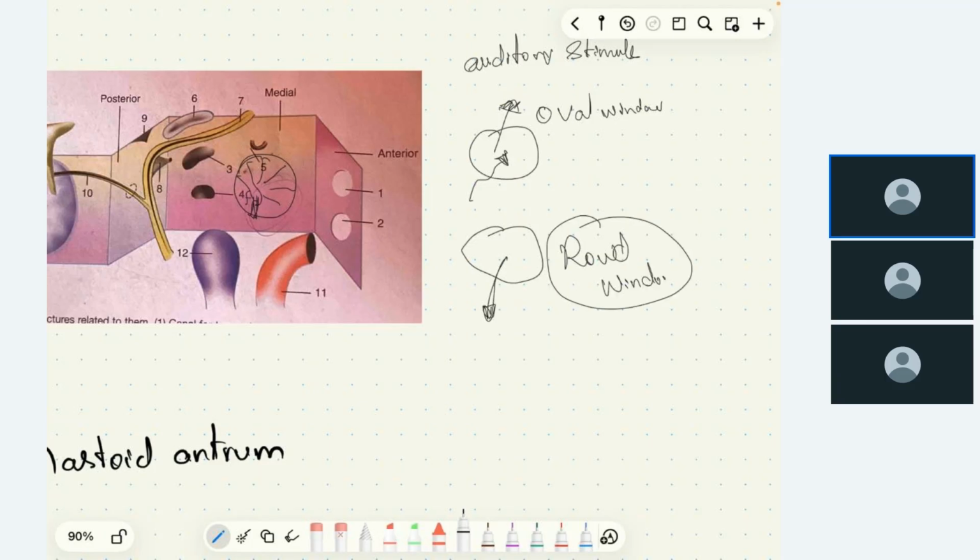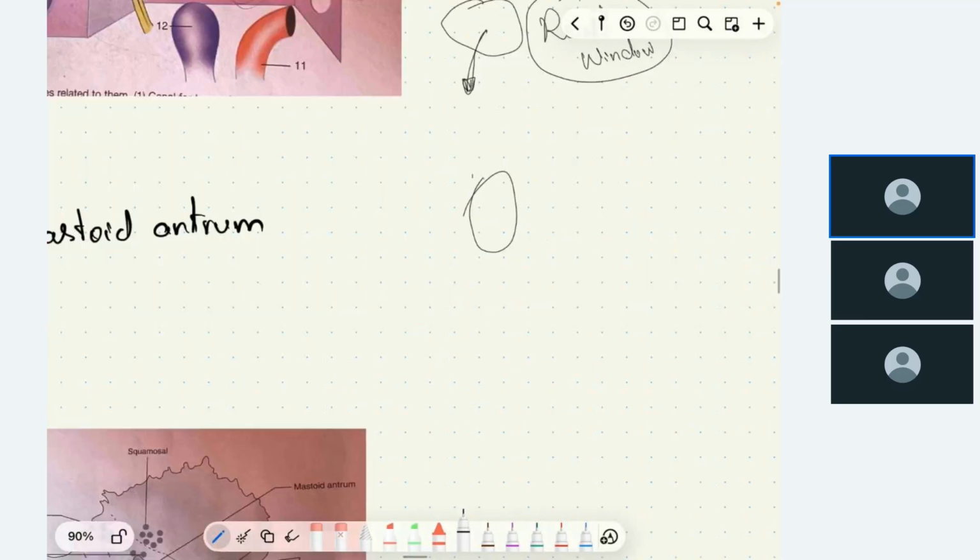The round window picks up the vibrations through the normal air. The auditory impulse goes through the tympanic membrane, malleus, incus, stapes, to the oval window faster. In case of the round window, the sound waves are transmitted through the air.